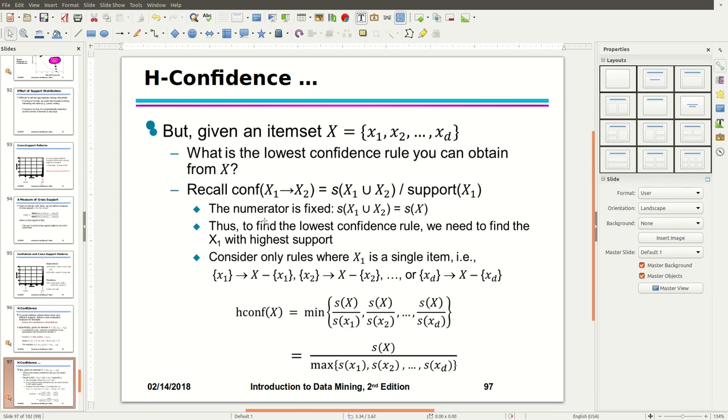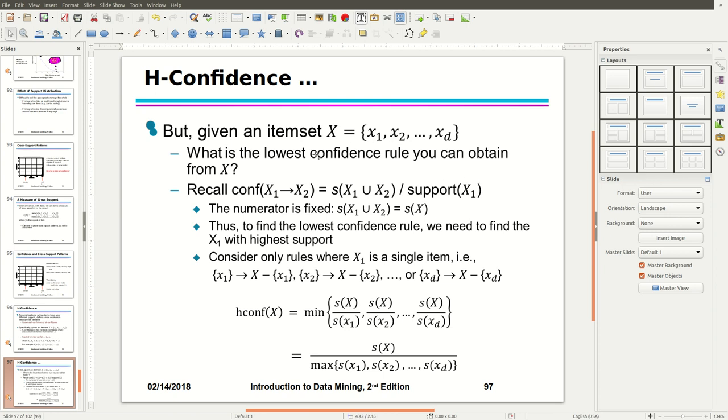The numerator is fixed, since the union is X and that doesn't change. So what can actually change is the support of X1 in the denominator.